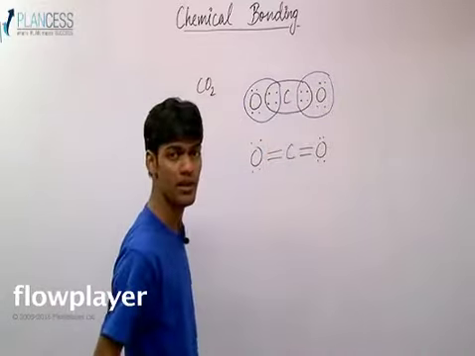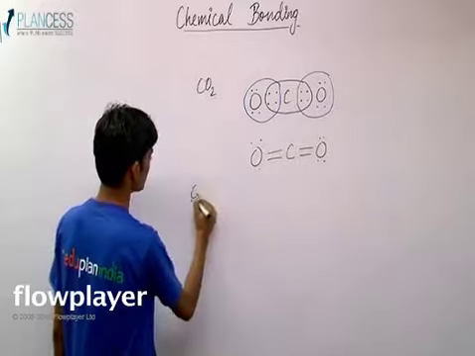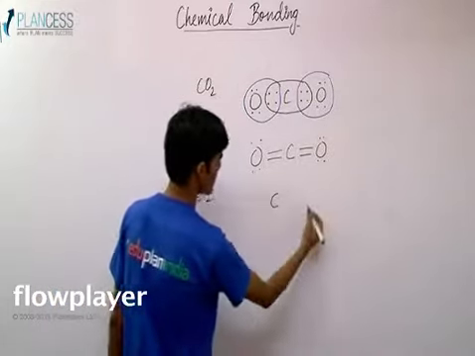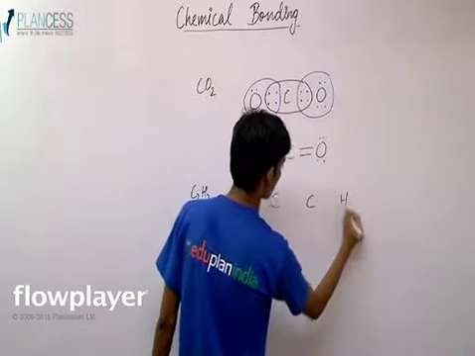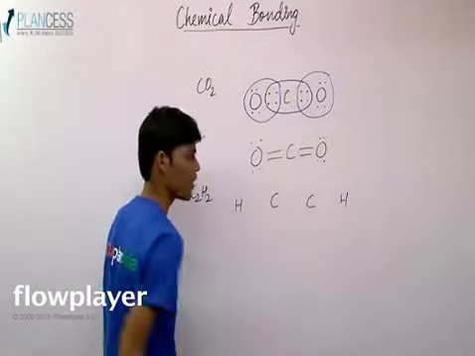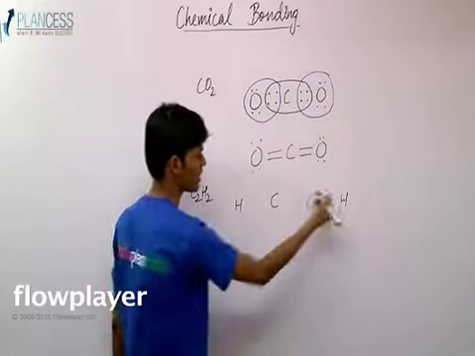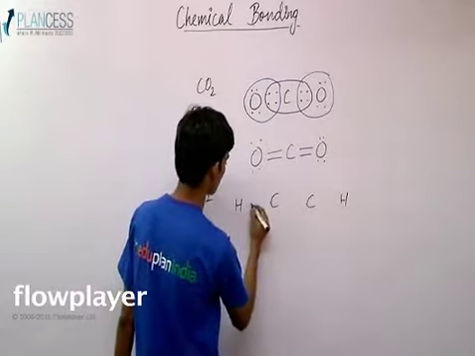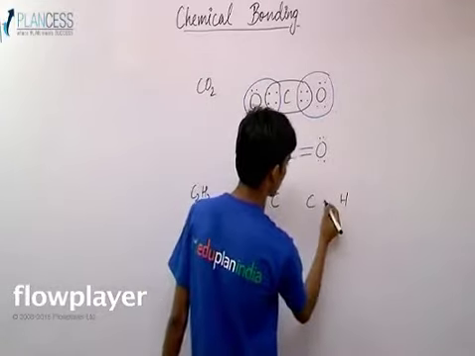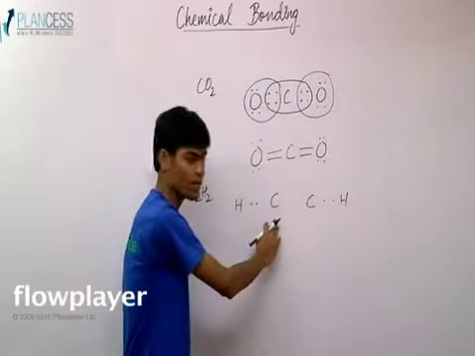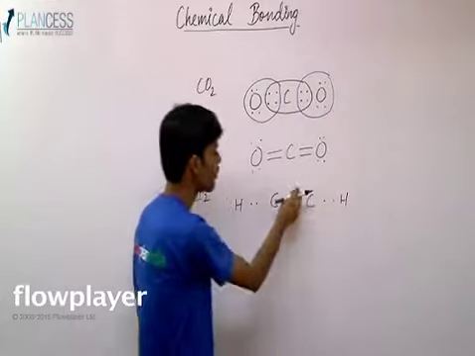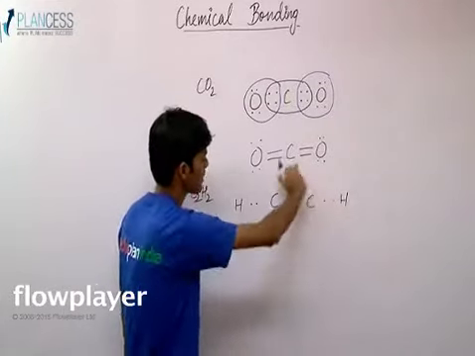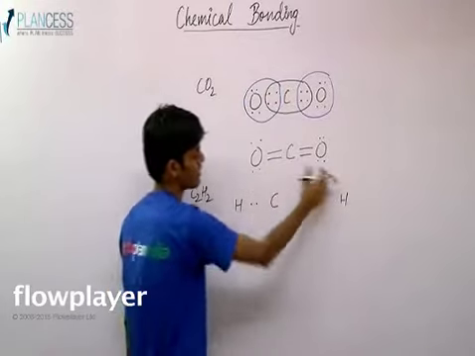Let's take one example in which there is a triple bond, that is C2H2. Now there is a carbon, there is also a carbon, and there is a hydrogen on each side. Hydrogen has 1 electron, so each hydrogen can share 1 electron with a carbon. So here it is 2 electrons, and here it is 2 electrons. Now each carbon shares 3 electrons with the other carbon, so 6 electrons are shared, and with the 2 from hydrogen, each carbon gets 8 electrons.